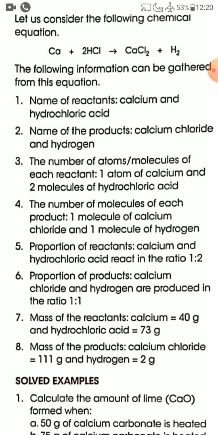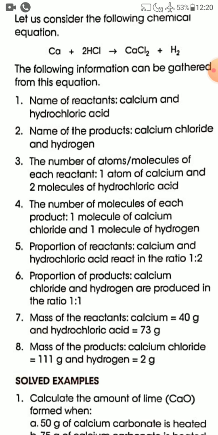And mass of reactants. In this case, the mass of reactants is equal to the mass of one calcium atom and two hydrochloric acid molecules. So the mass of reactants is equal to 40 plus 2 into 35.5. So the mass of calcium is 40 gram and the mass of hydrochloric acid is 73 gram.